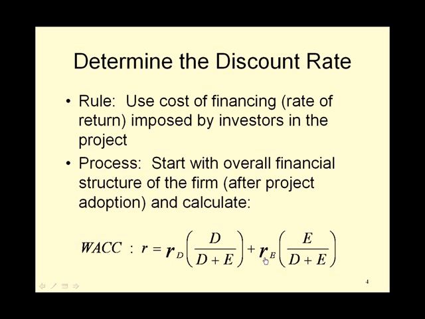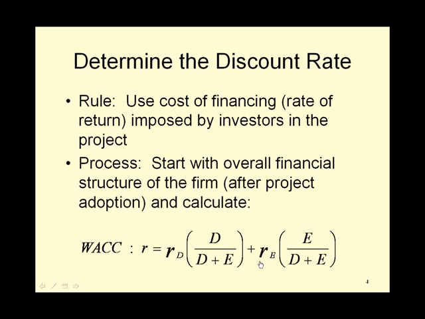So we think of the investors in the project as debt suppliers and equity suppliers. Debt suppliers lend us money and charge us an interest rate. Equity suppliers purchase our stock and have a required return on equity that they expect.